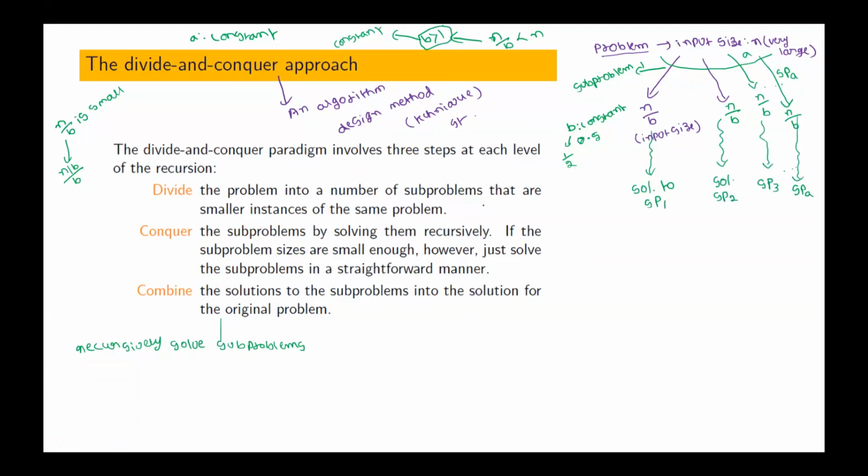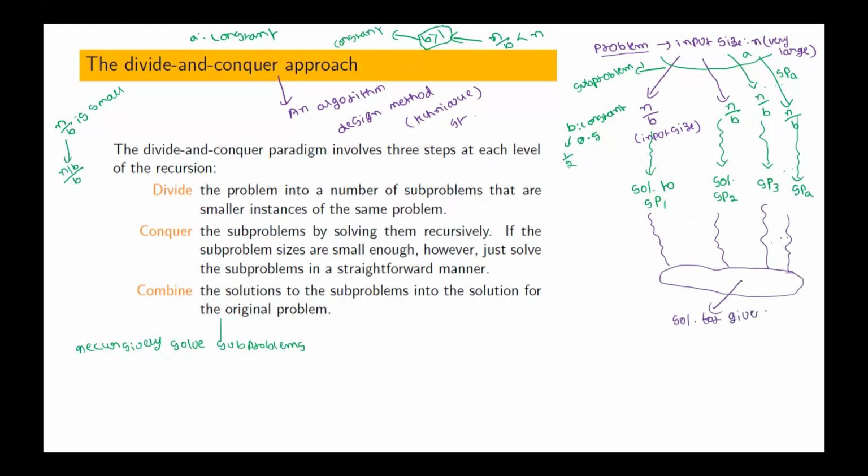Our goal is to solve the problem whose input size is n. So we somehow combine the solutions of all the subproblems and get the solution for the given problem.